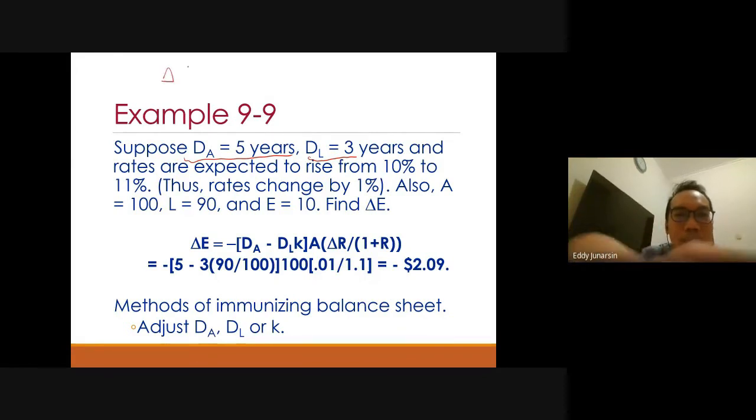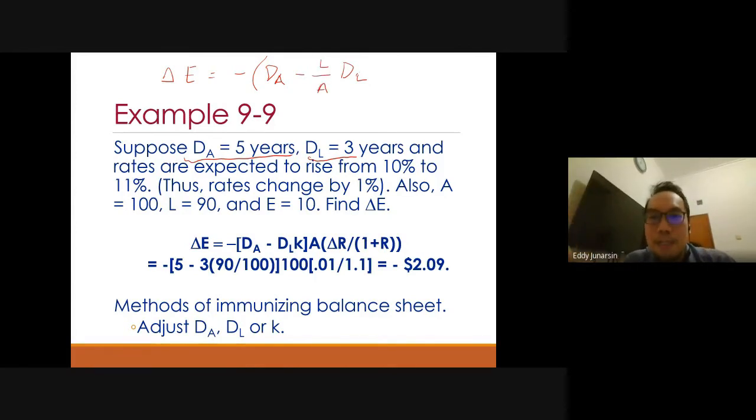So here minus duration of assets minus duration of liabilities, but we have to multiply first by the debt ratio, liabilities to assets, multiplied by assets, and then multiply by this one.